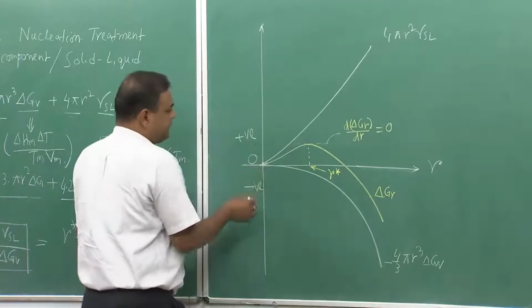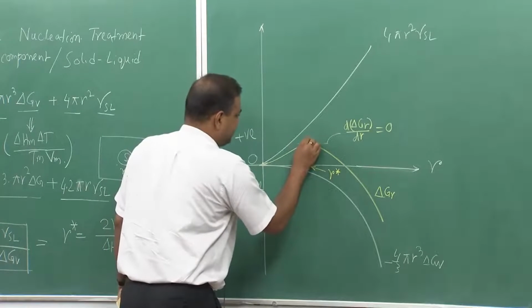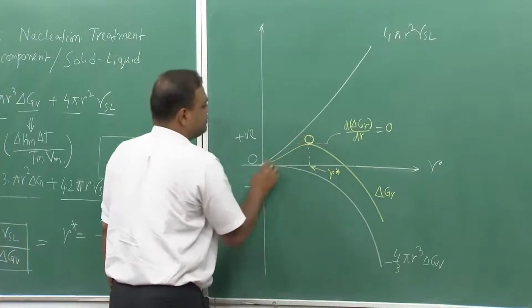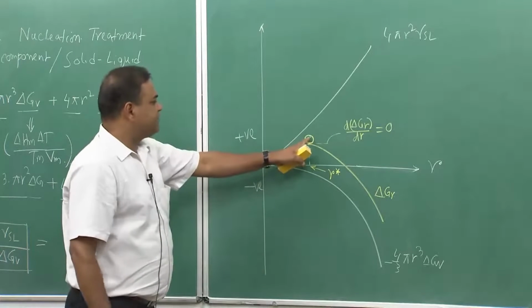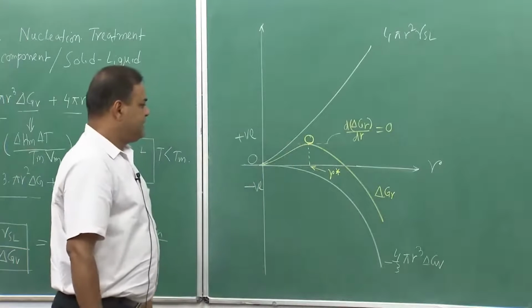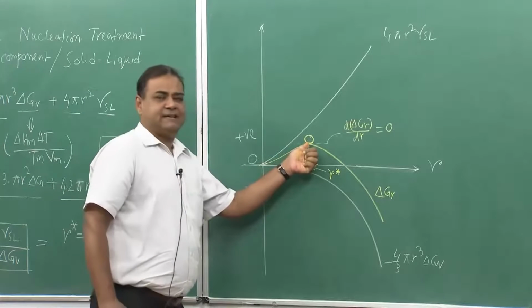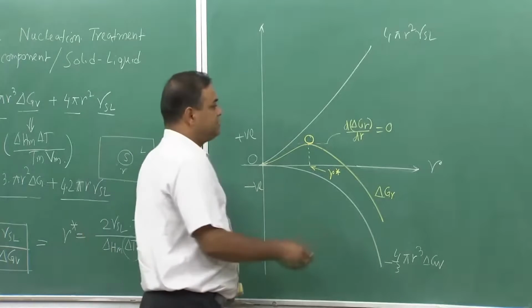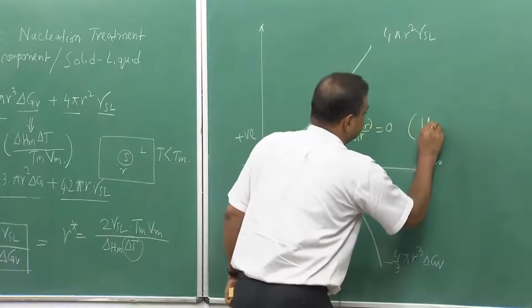Now, if I take a situation where I place that particular sphere here, that means this is the size of r star. If it stays there, this is a typical situation of unstable equilibrium.